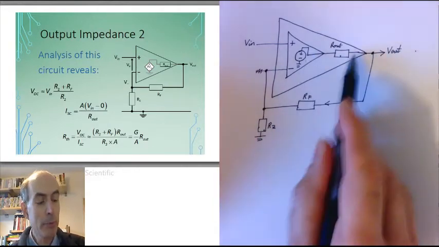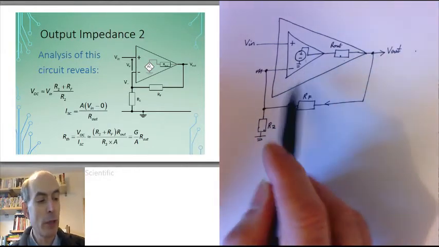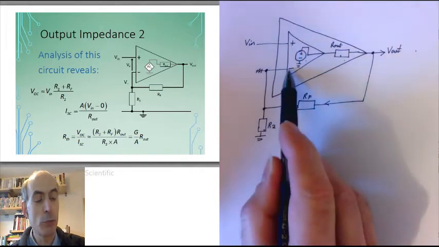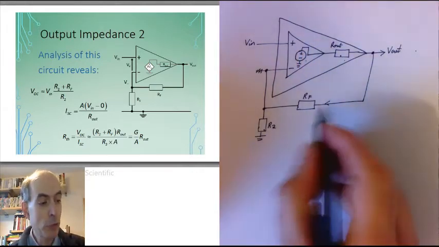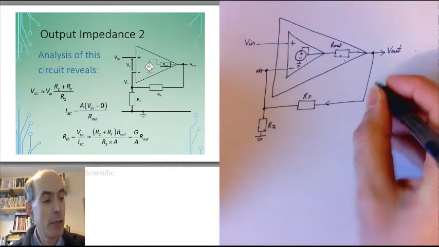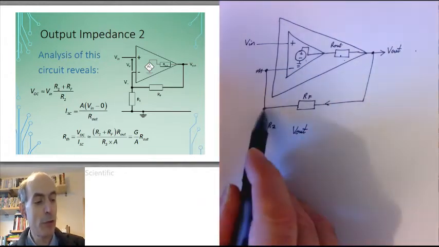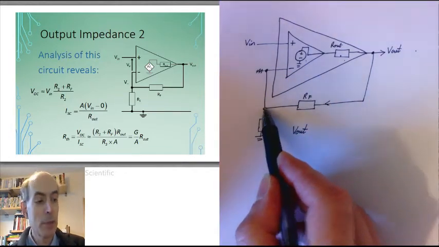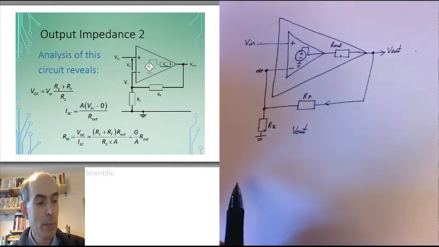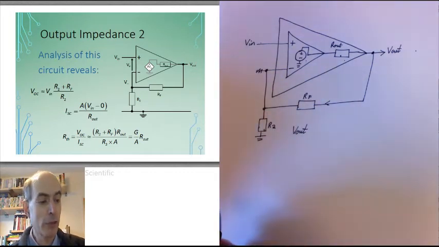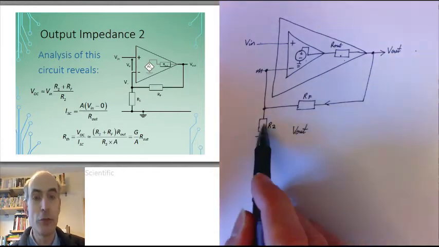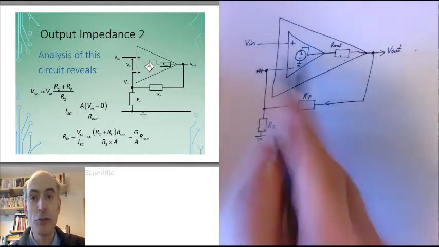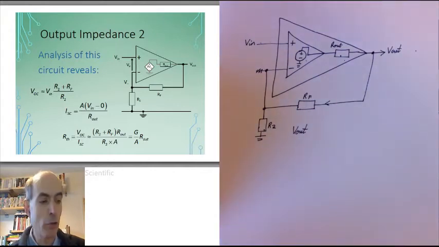Now the op-amp, being an ideal op-amp, will be trying to maintain its two input voltages at approximately the same voltage, which it will be able to do, provided Vout is set so that the inverting input there is equal to Vin. And I can apply the potential divider equation to work out what Vout must be in terms of these two resistors and Vin, just as I would with a typical ideal op-amp.